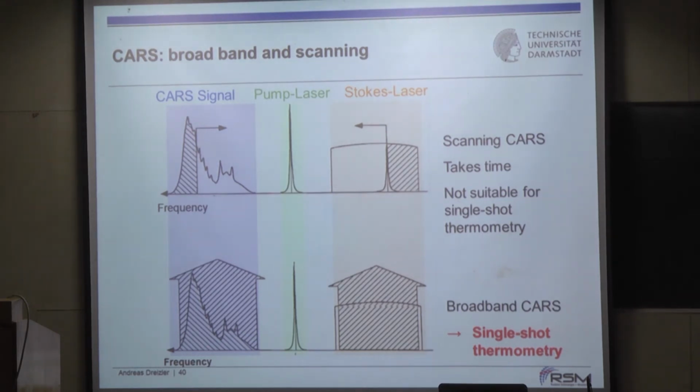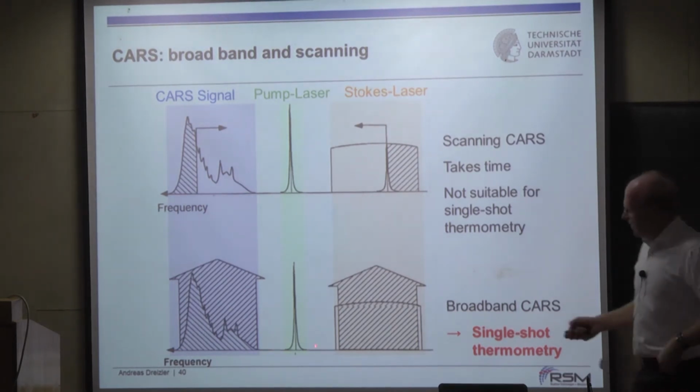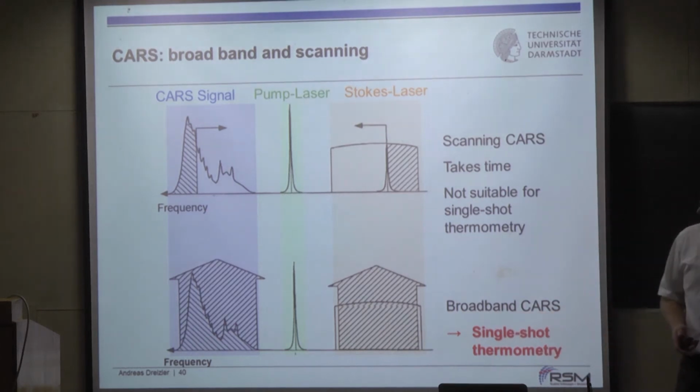So the CARS beam contains the full spectrum at once, which means before you detect it, you have to spectrally separate that. And this spectral separation needs a spectrometer. And that's the bad news. The spectrometer needs high resolution in order to resolve these single lines, and that means typically you have to use a 1-meter spectrometer and a grating with 2,400 lines per millimeter.